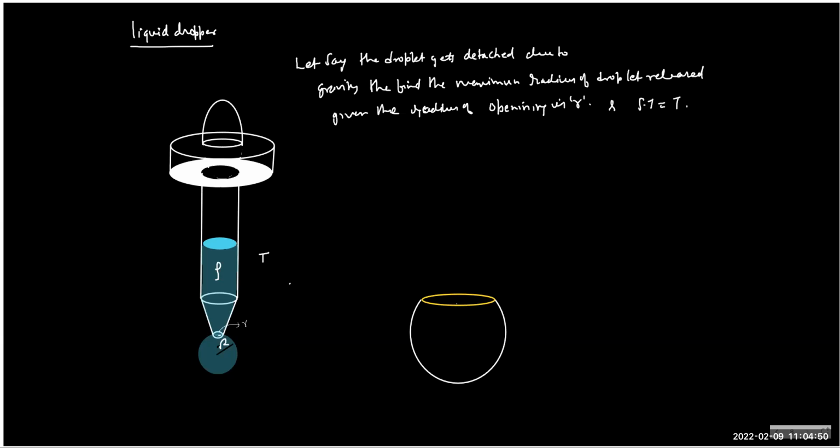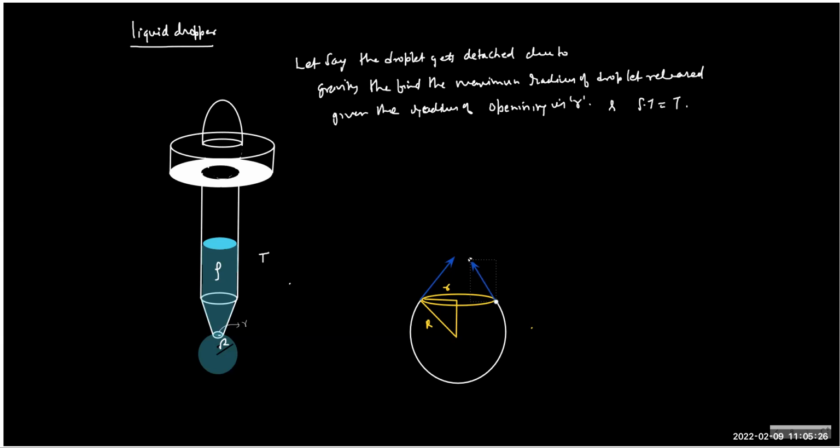And this radius is given as R. This is the capital R and this is the small r. We know that surface tension will act along the tangent, right? So it is going to act this way only, along the tangent. And it will act everywhere.